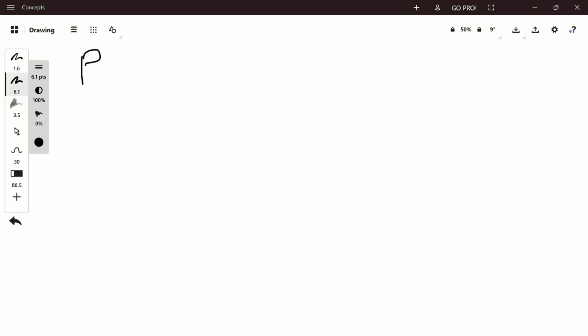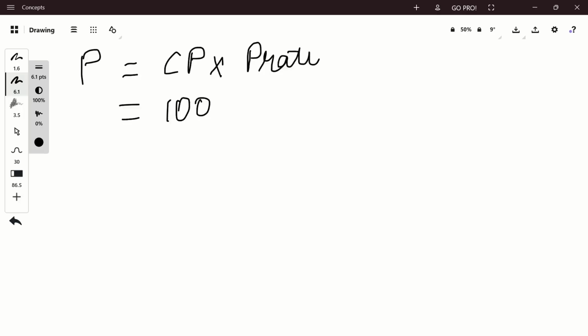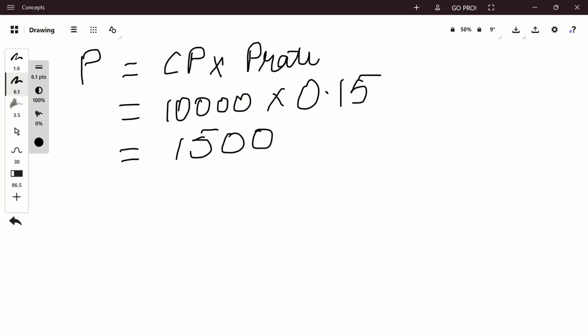So, the profit amount is equal to CP into profit rate, which is equal to 10,000 into 0.15, which is equal to 1500.